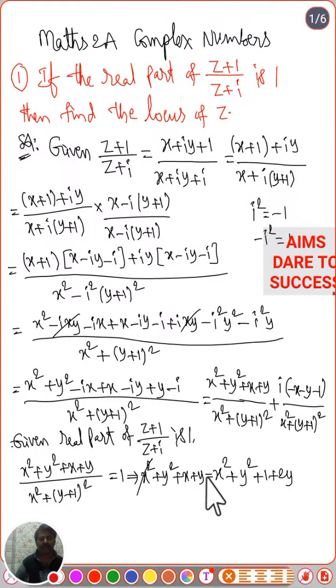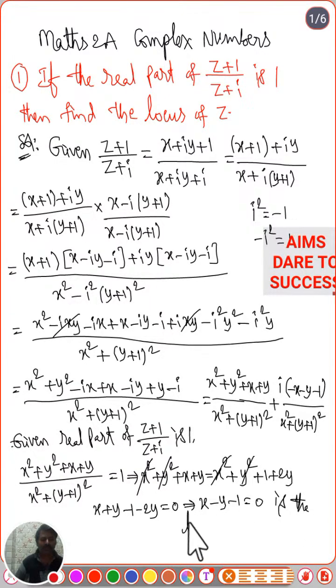So left side and right side x square cancel, y square cancelled, and the remaining values come to this side. We get x plus y minus 1 minus 2y is equal to 0. Okay, x will be the same, y minus 2y is minus y, so x minus y minus 1 is equal to 0 is the locus of z.